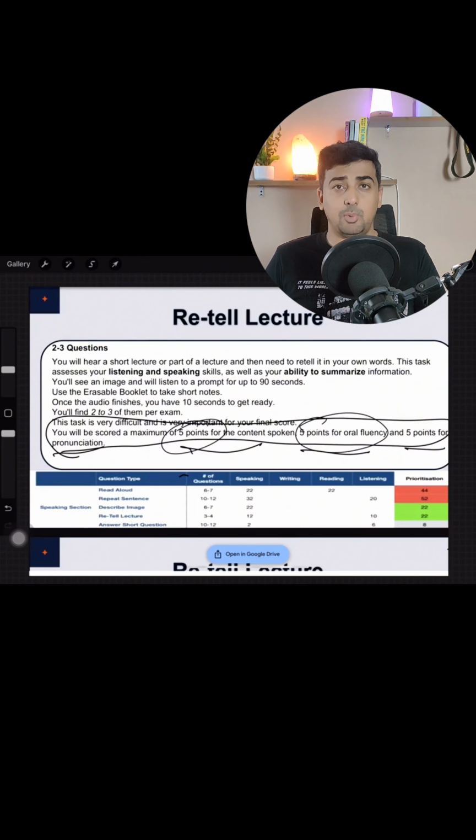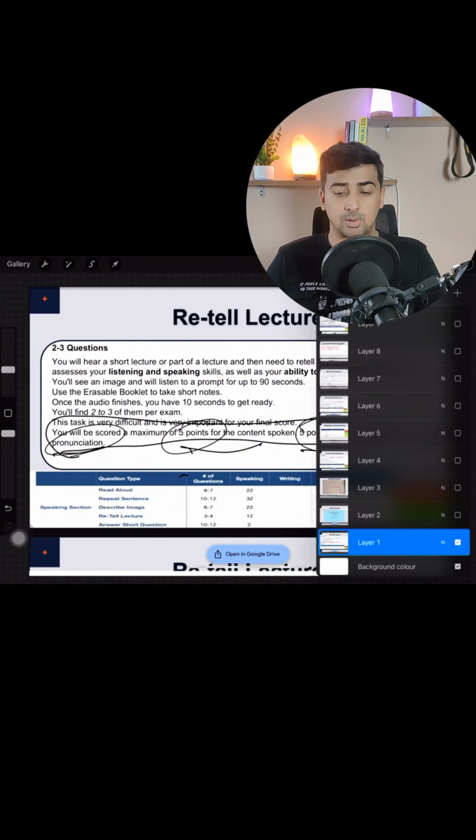They are 5 points for content spoken, जो आपने पॉइंट्स कीवर्ड्स नोट की हैं, 5 points for oral fluency and 5 points for pronunciation. So these are the main things which will give you points. 5 for content, 5 points for oral fluency and 5 points for pronunciation.